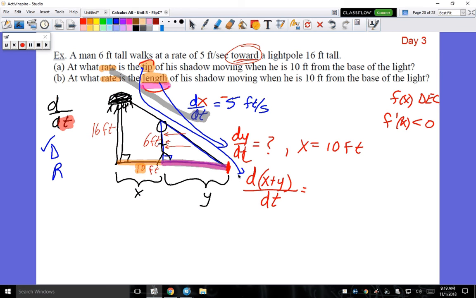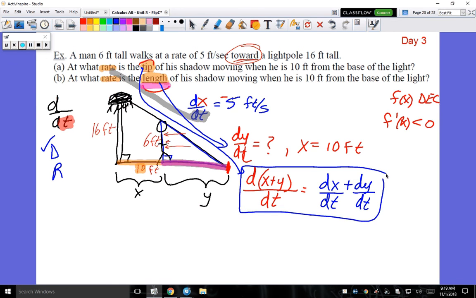Now, real quick, I want you to know right now that the derivative of x plus y with respect to t is the same as dx/dt plus dy/dt, independently. It almost feels like a distribution, if you will. Okay? And again, we want to know this when x is 10 feet away from the base of the light.